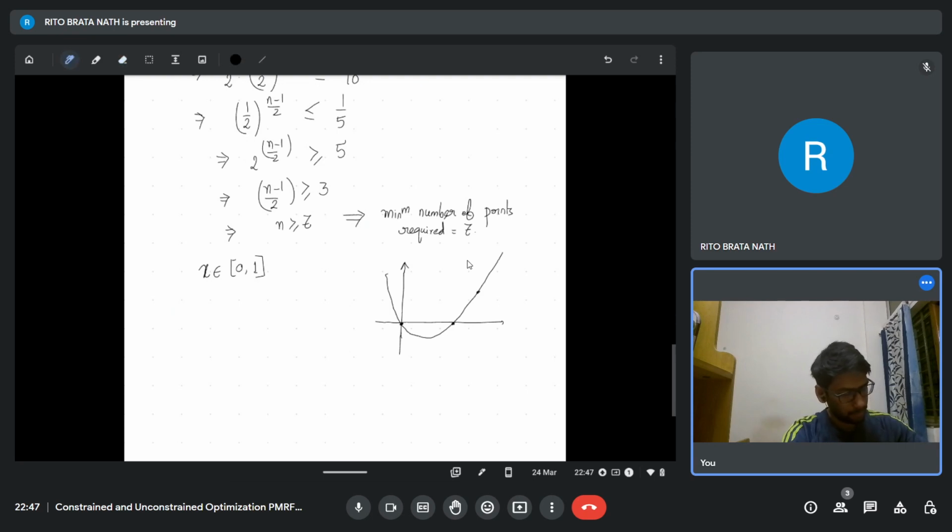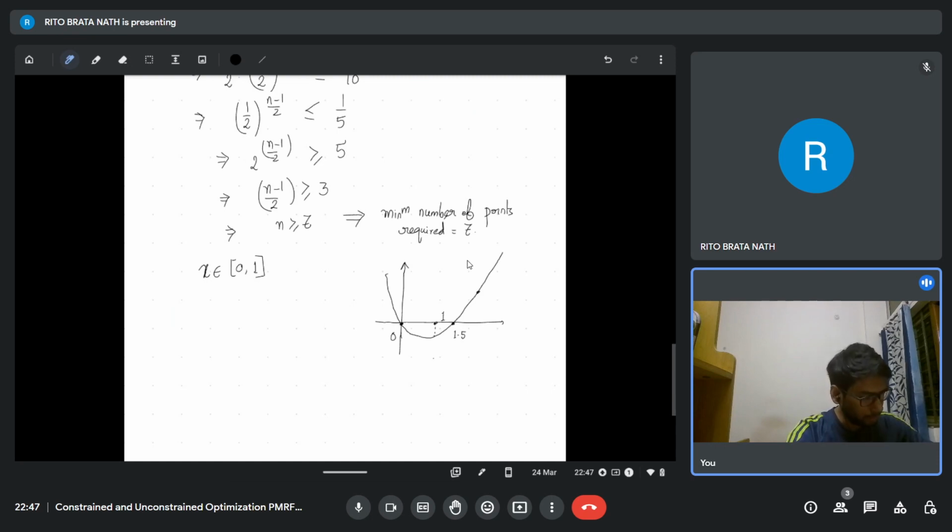Anyway, this is 0. So this is 1.5. So probably this is your point, which is 1. So x belongs to [0, 1], that you already know.